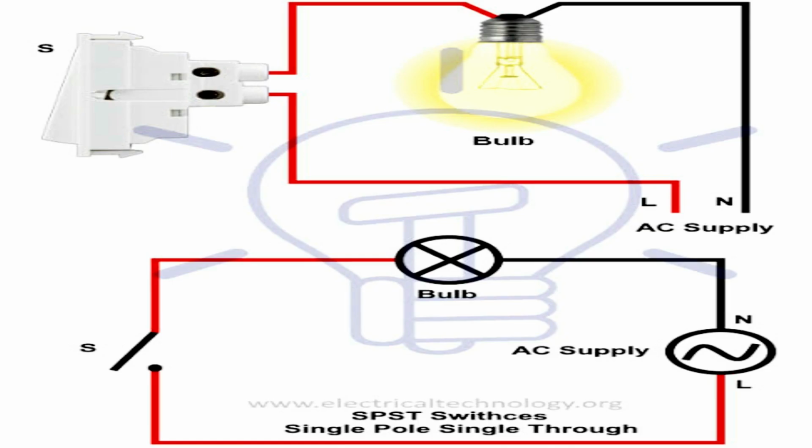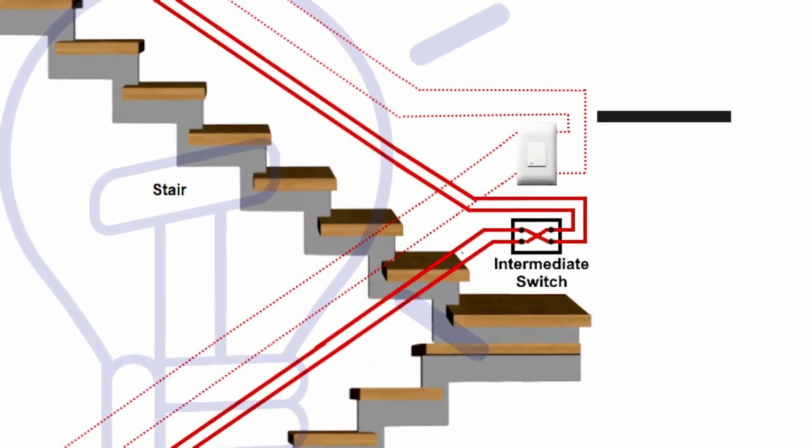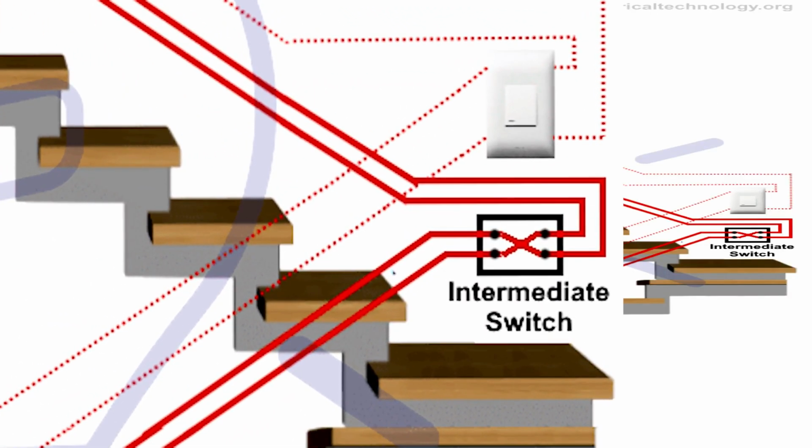A point in electrical design means either a lighting circuit or an electrical equipment. Two-way switch, which controls 2 points at a time, and the intermediate switch, which is used along with a two-way switch to control more than 2 points, even up to 4 points.